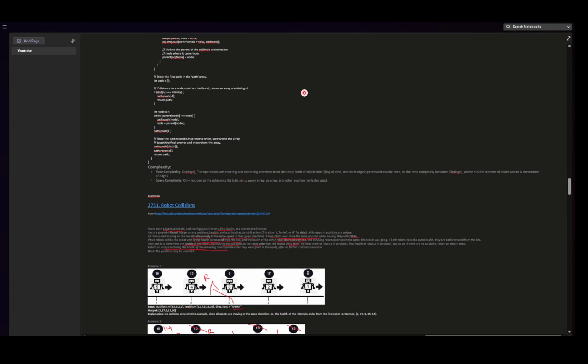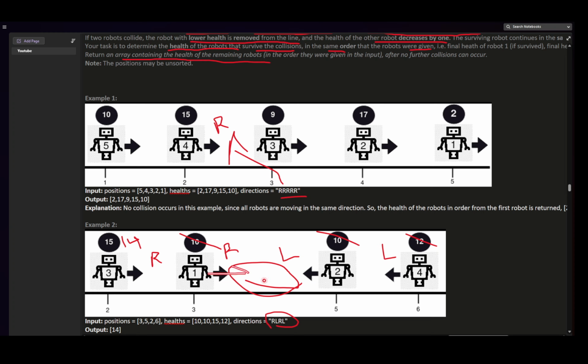All robots start moving on the line simultaneously at the same speed in their given direction, at constant speed. And if two robots ever share the same position while moving, they will collide. Whenever two robots reach the same position, a collision happens.